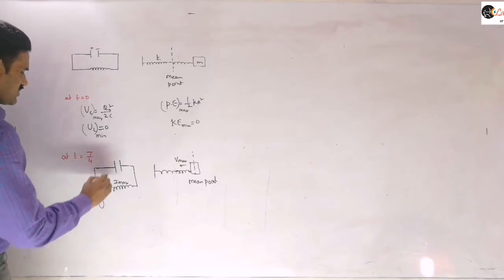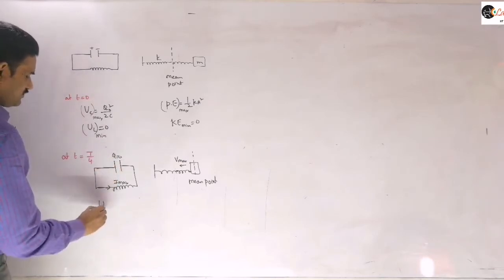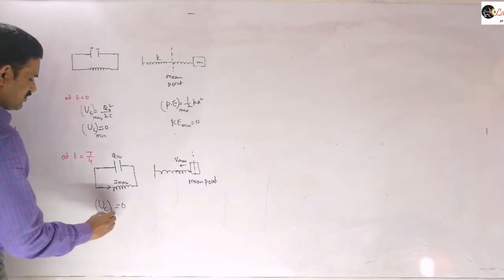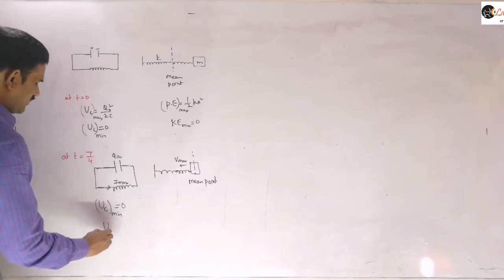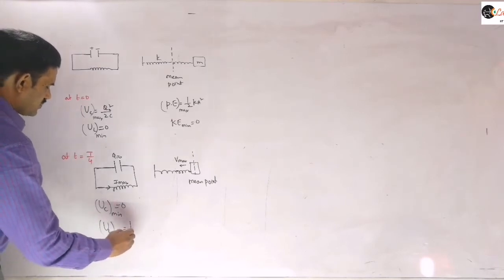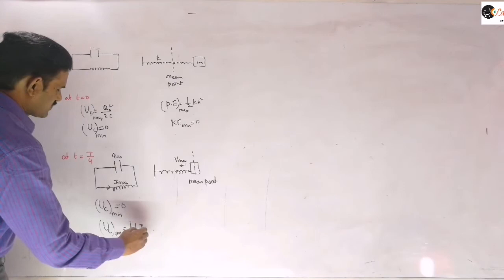The potential difference across the capacitor is 0, so the energy stored in it will be minimum, that is 0, and the energy stored in the inductor will be maximum, which is half L i maximum square.